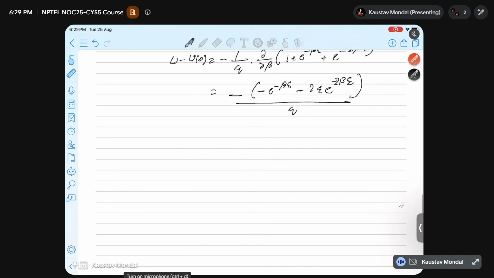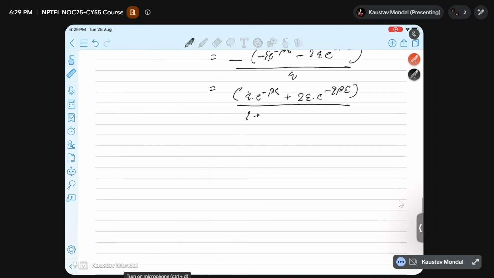So now minus will become plus. So this is E also here. So E into e to the power minus beta E plus 2 into e to the power minus 2 beta E divided by Q, where Q is 1 plus e to the power minus beta E plus e to the power minus 2 beta E. So this is the expression of the internal energy.